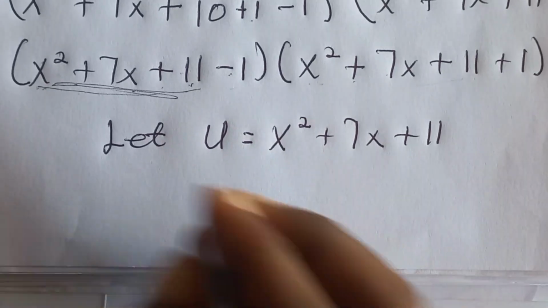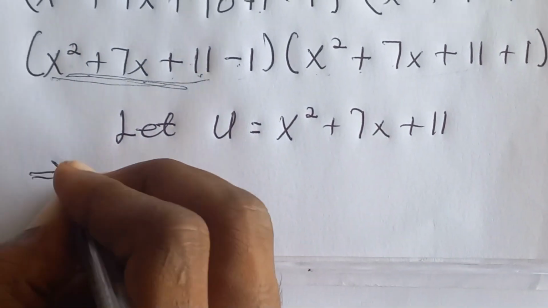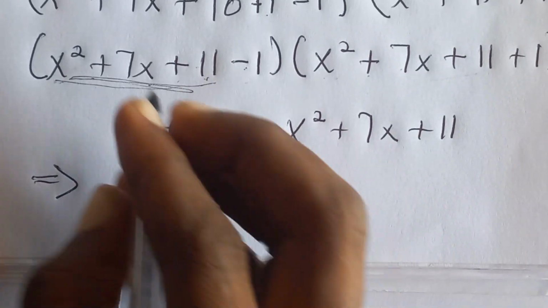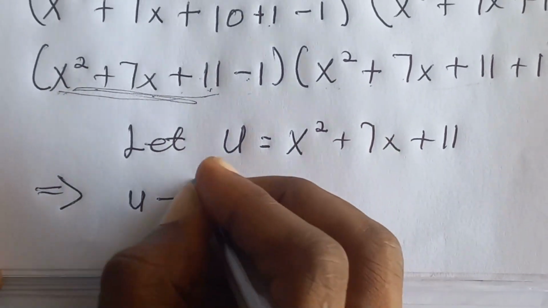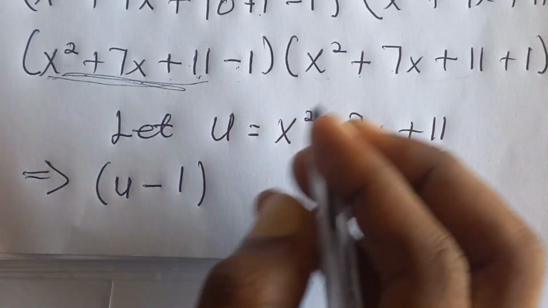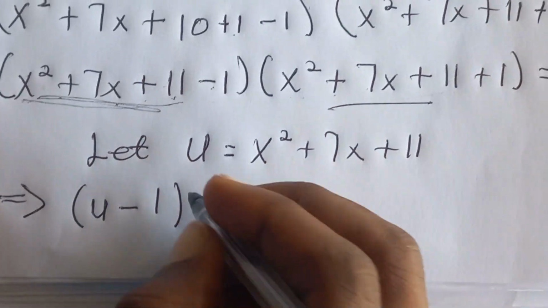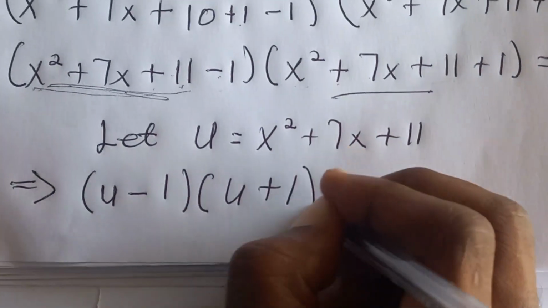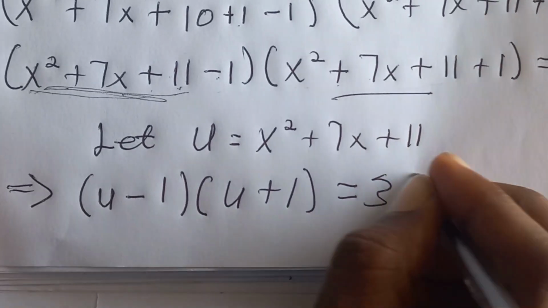So in this case, you can say that this is u minus 1 in bracket, and this is u plus 1, which is equal to 360.